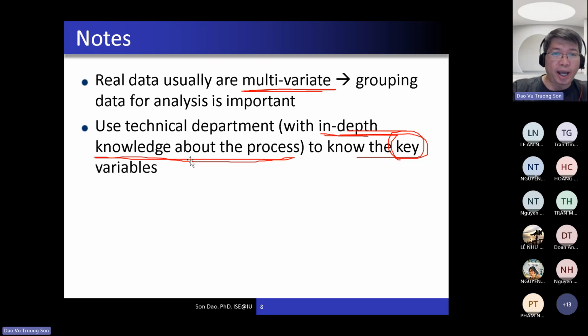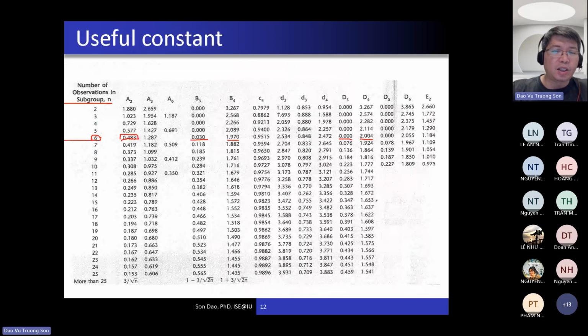The table of constants is useful in many cases. Here you can see in some cases, even when the observation in one subgroup can be very large, you don't need any constant.